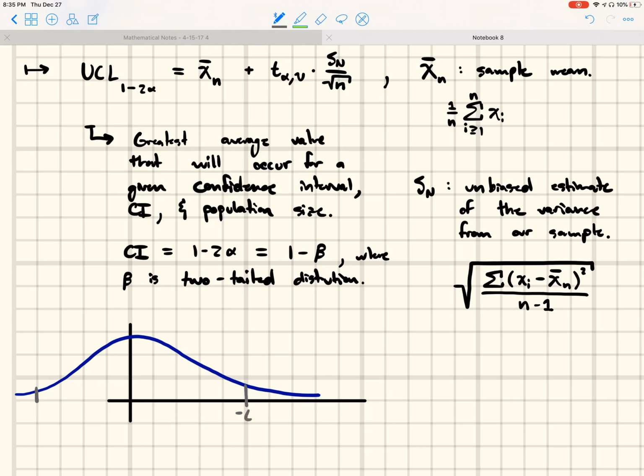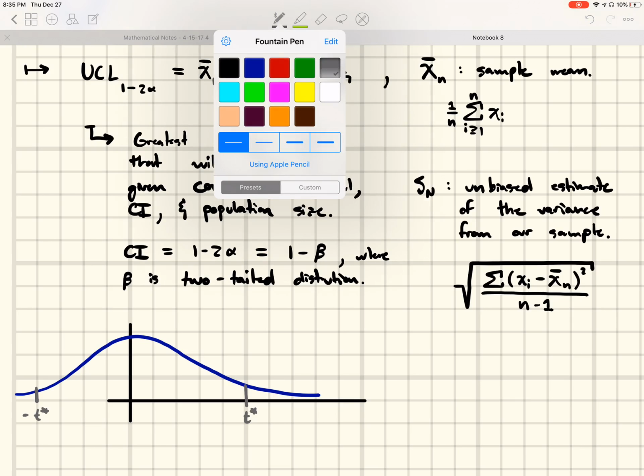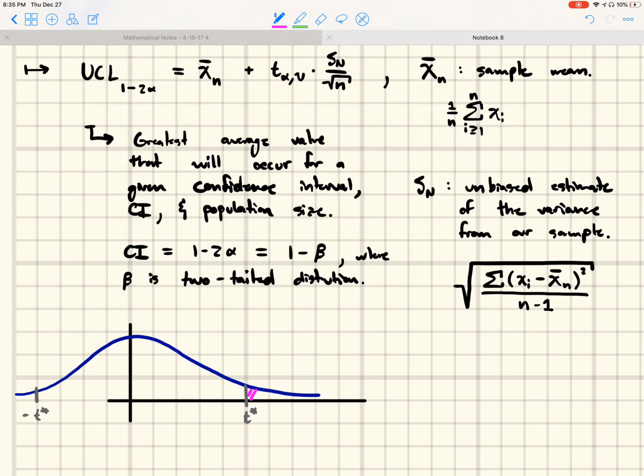I'm going to call this T asterisk, and this negative T asterisk, and the area here, this tail area, goes out to infinity. This tail area is equal to eta, and 2 times eta gives you both the tails. And the confidence interval is the area under the curve between these two values. So it's this value.